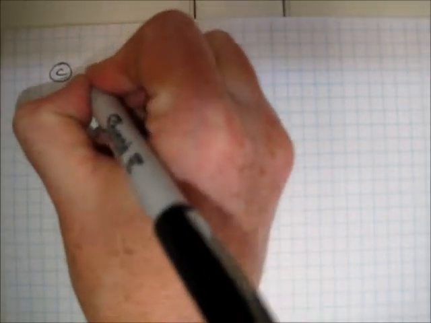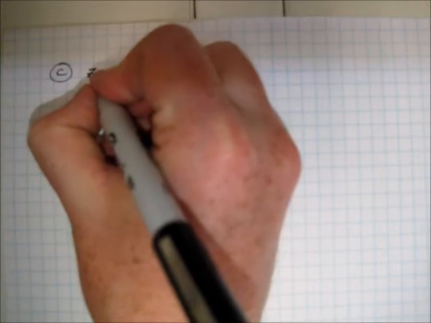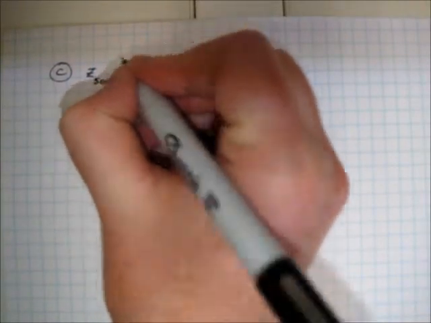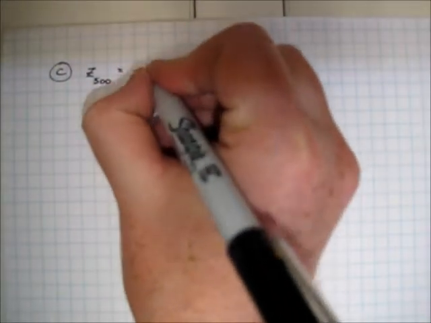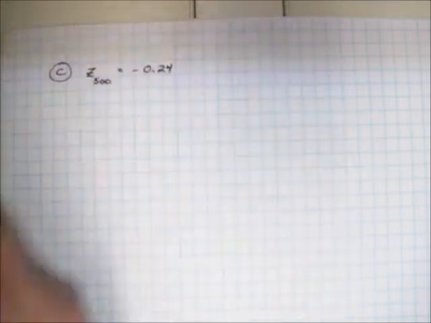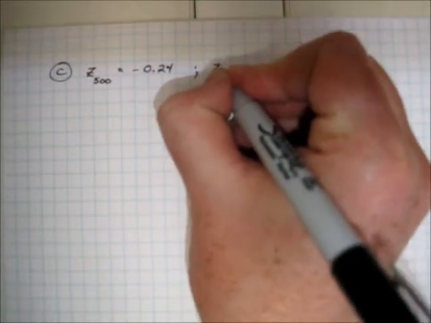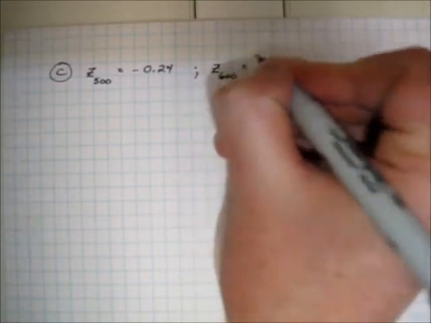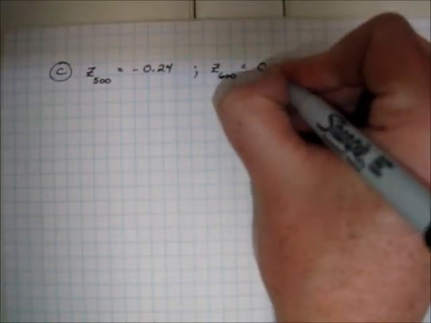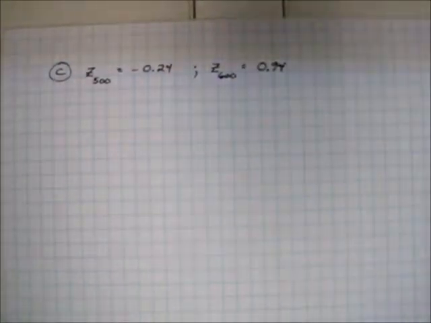Okay, and so the final part of this question is what percent of the students would score between 500 and 600? Between 500 and 600. Well, we've already done some calculations that we'd need in previous problems. We know that the z-score for the value of 500 was negative 0.24, and we know that the z-score for 600, we just calculated, was 0.94.